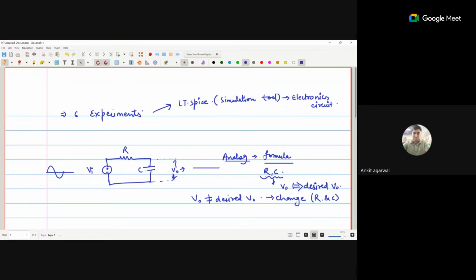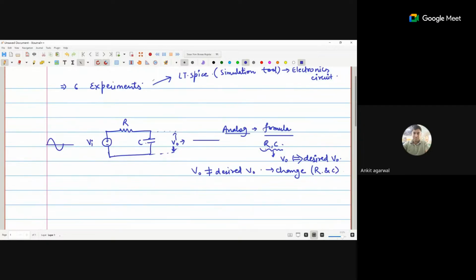After that, once you have the values of R and C, you have to make the circuit on a breadboard. Make a circuit on a breadboard. Clear? Any doubts?